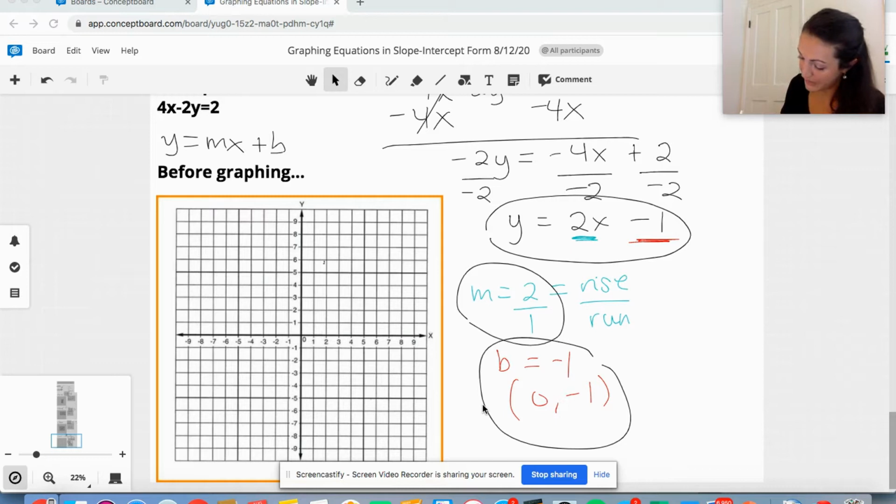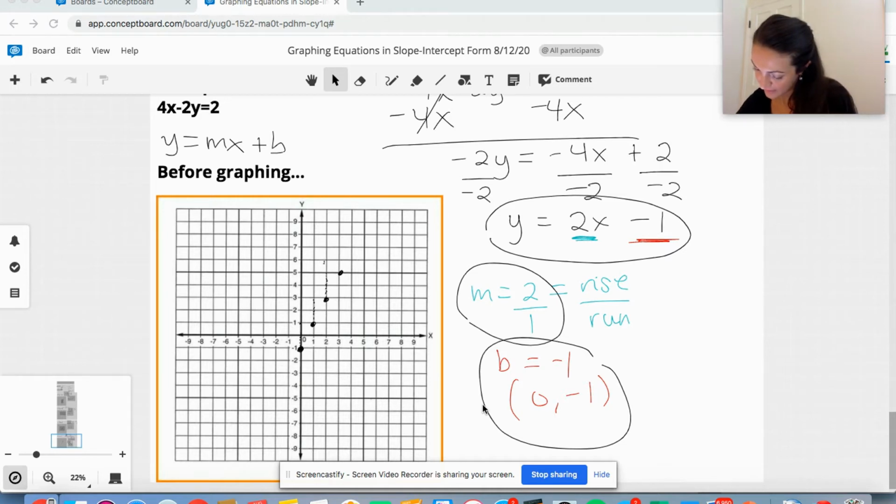We're going to start at the point 0, -1, and then our slope tells us we're going to rise 2 and run +1. So rise 2, run 1 for every point.